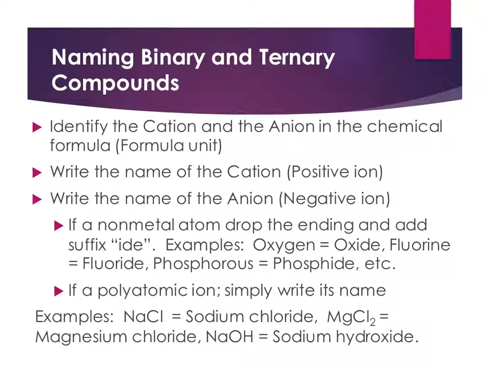And that's how it is. It's nothing more complicated than that. The cation is written first in its full name, and then you write the anion. If it's a single atom, you're going to write it with "ide" or something like that. And if it's a polyatomic ion, you're going to write the polyatomic ion's name.